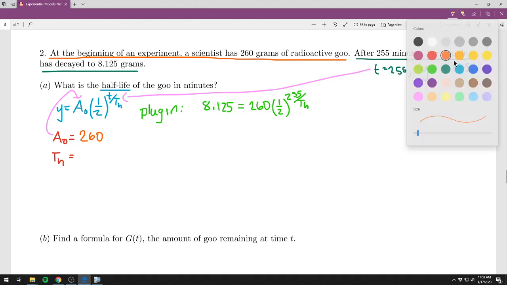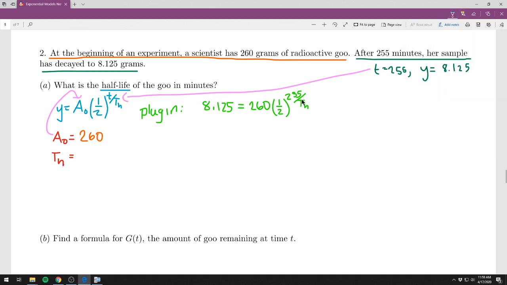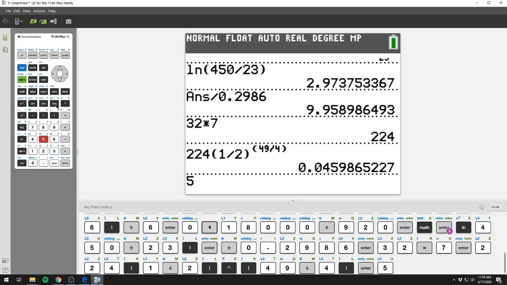Right, but what we are solving for is in the exponent. This is back to solving an exponential equation. We need to get rid of that 260, get the exponential part by itself. So the 260, we divide by, 8.125 divided by 260.